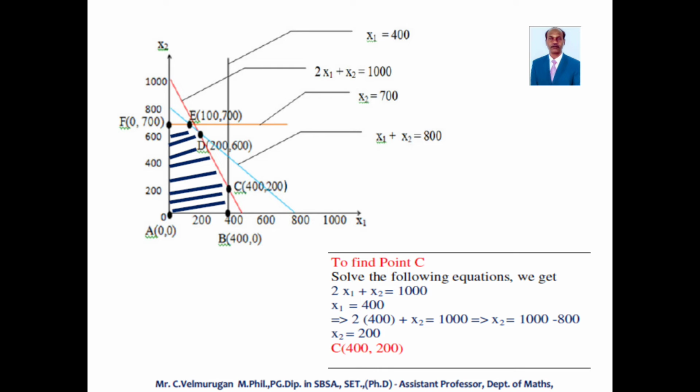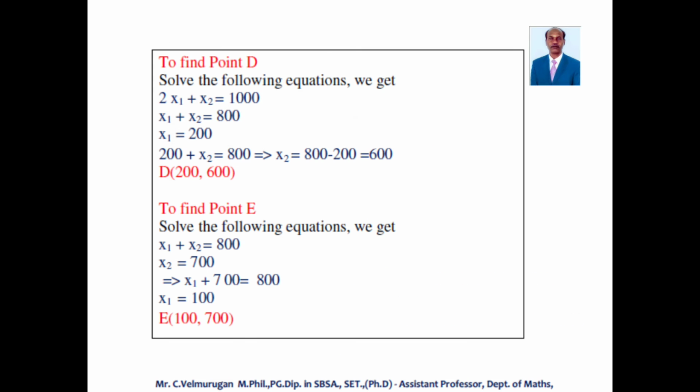So what is the point E? Here two lines are intersecting. What are the two lines? The blue line and the yellow line. So we can find out the point E. What is the first equation? x1 plus x2 equal to 800. The second one is x2 equal to 700. So clearly x2 is equal to 700.